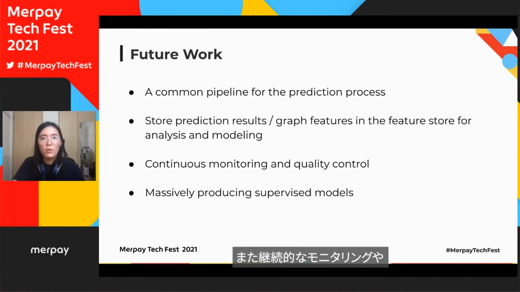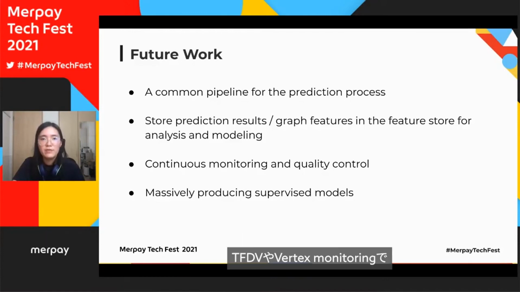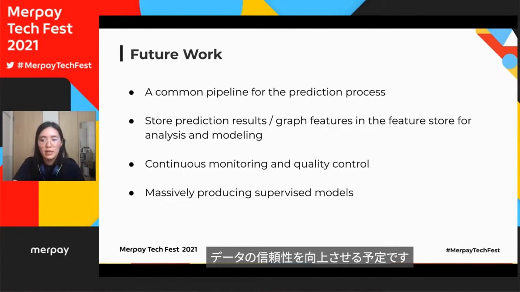And continuous monitoring and quality control are also important to us. We plan to use TFDV or Vertex monitoring to continuously monitor our models and features so we can improve our data reliability.